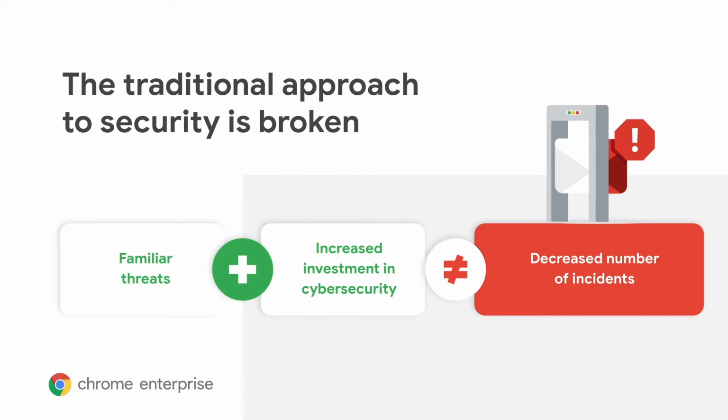So as we've seen, the traditional security approach is broken. There's a lot of familiar threats that are cataloged by security companies and security software, and then they're implemented by your security teams and organizations, IT administrators, to hopefully combat the security threats that you have in your environment. The fact is, though, that increasing the global security budget shows a genuine willingness to address these threats from companies, but it doesn't mean that it actually decreases the number of incidents that organizations have.